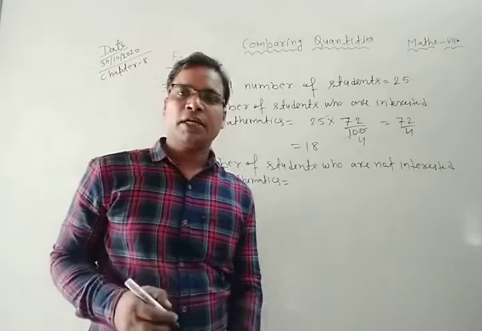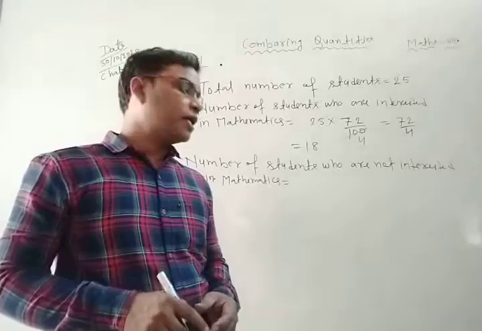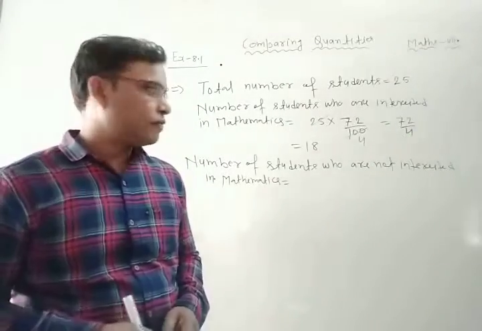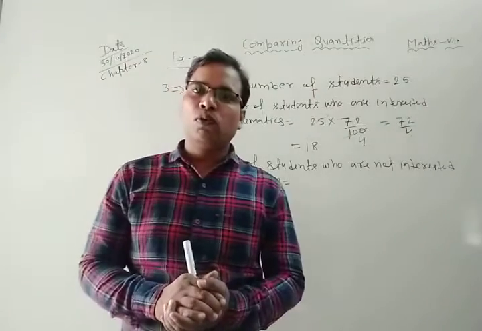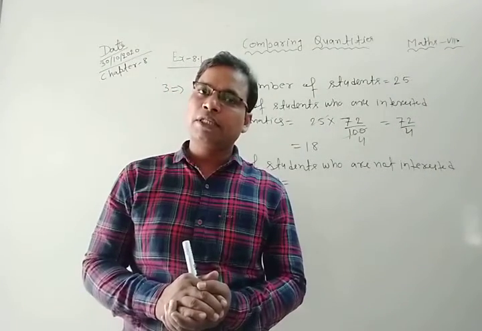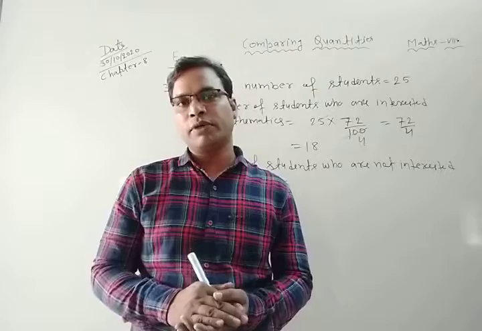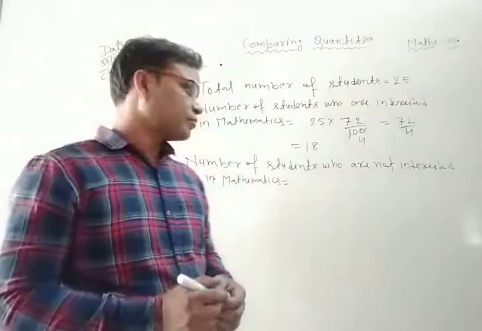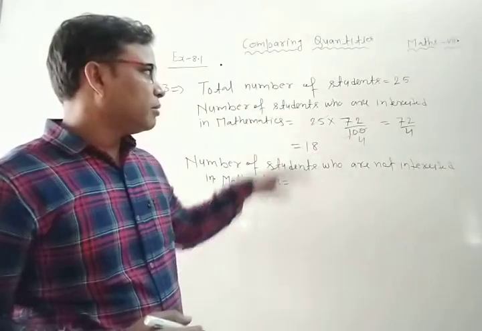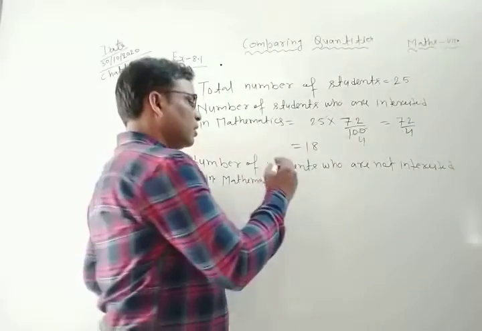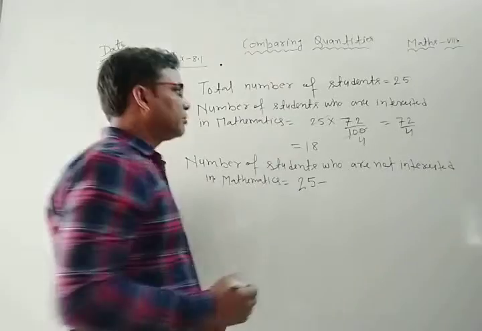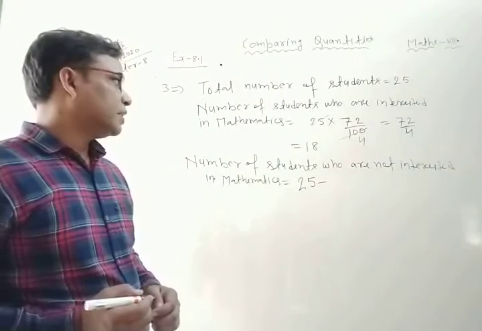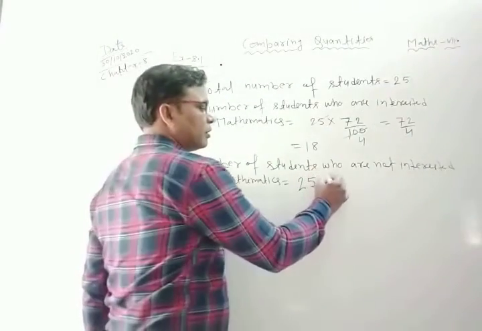We subtract the number of students who are interested in mathematics from the total number of students. Here the total number of students is given as 25, and the number of students who are interested in mathematics is 18.